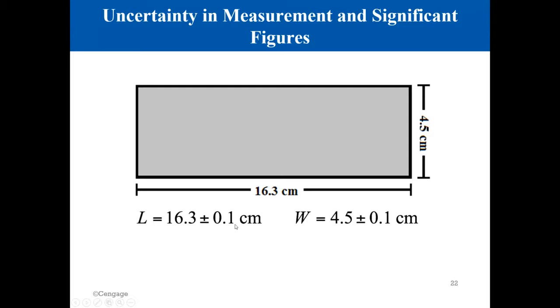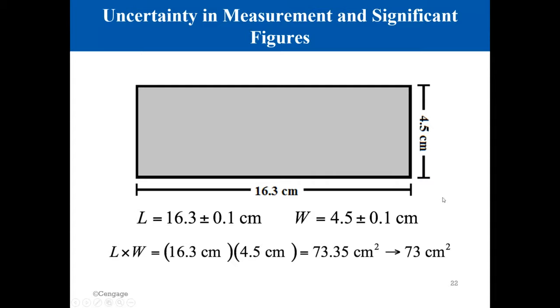So here, this is the error. This is also the error when we measure the width. Now, if we want the area, it is the product of length by width. We have this answer. And here, when you have this answer with 4 digits, we know from this, we have just 2 digits.